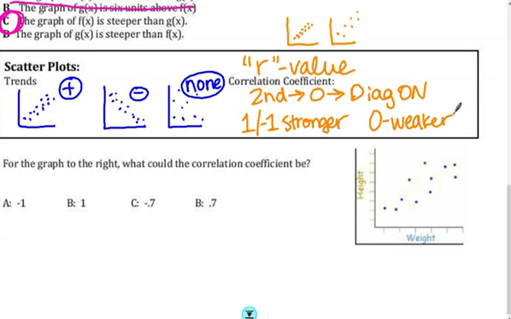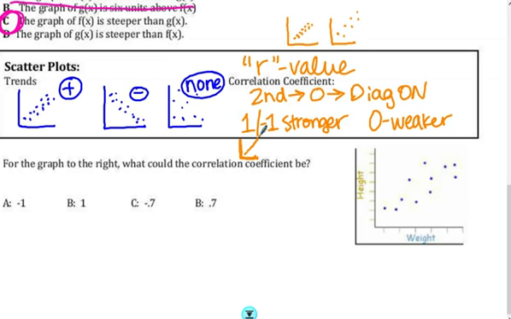Now, do also note that for a scatter plot, your R value will never actually be 1. It could be very, very close, like 0.998 or 0.995, but it will never be a perfect 1. In order for it to be a perfect 1, it would have to be like this, which is essentially a straight line. So it might be very, very close, but never a perfect 1 for scatter plots.